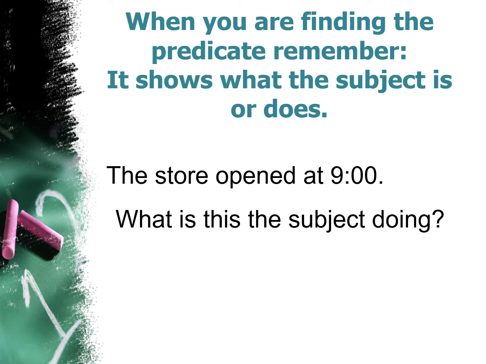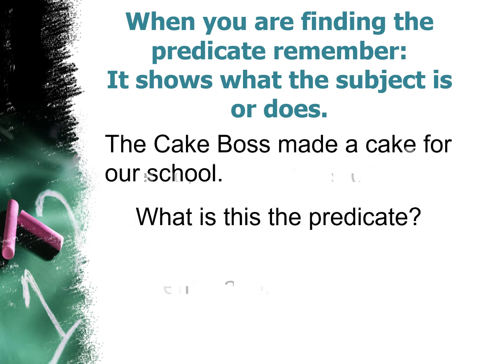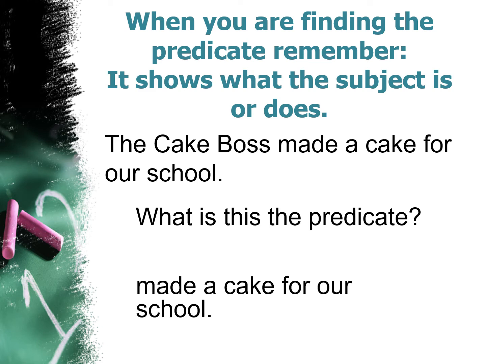What is the subject doing? So the subject in this case is the store and it is opening at 9. For this example, the cake boss made a cake for our school. What is the predicate? The subject of this is the cake boss and what he is doing is making a cake for the school.